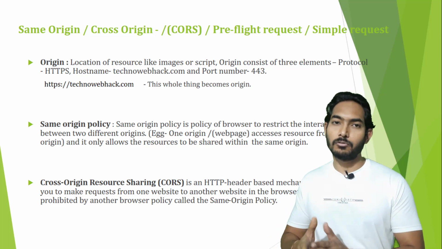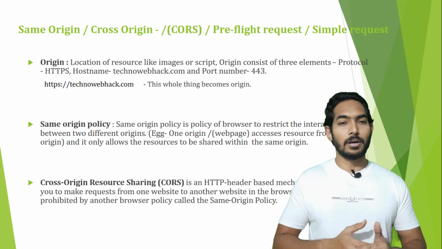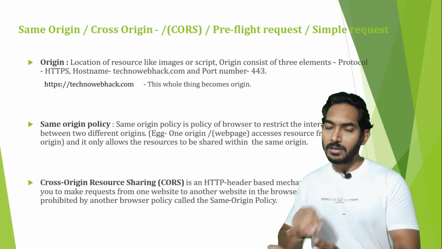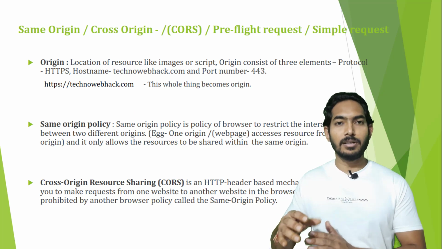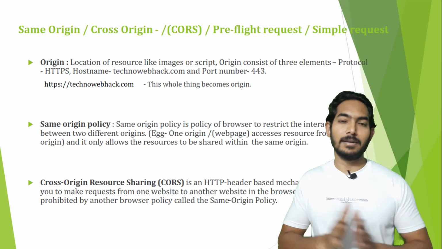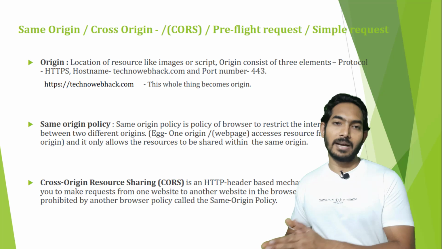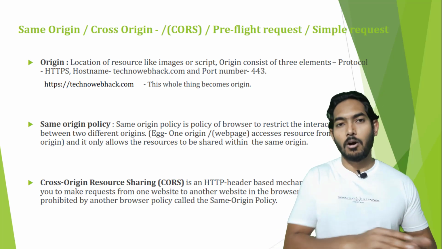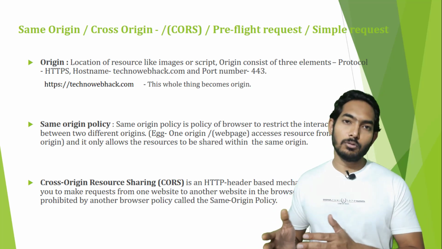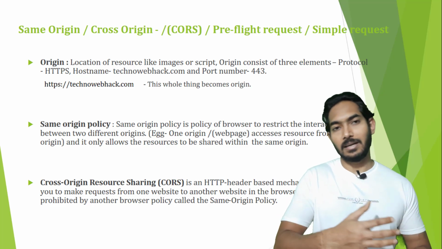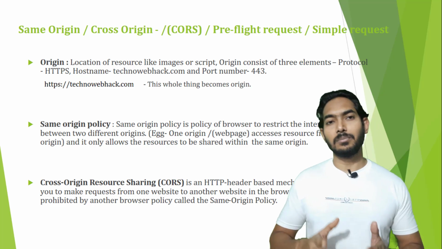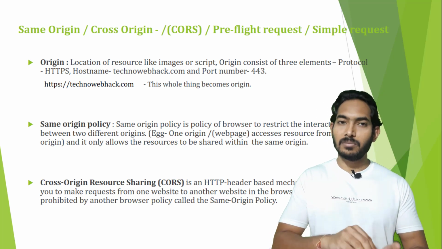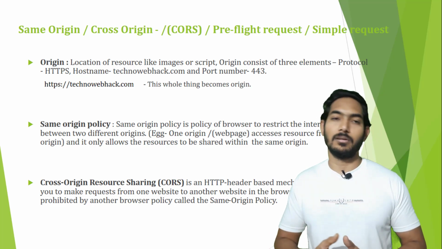These browsers support the same origin policy. What it does exactly is prevent resource sharing between the third party and first party. Let's say if YouTube is trying to access some data of Google, or any other third-party site is trying to access the data from any first-party site, that will not happen. This is what the same origin policy does.